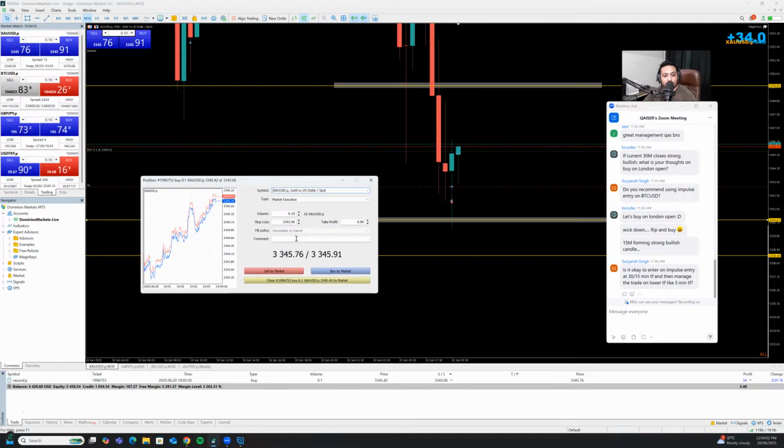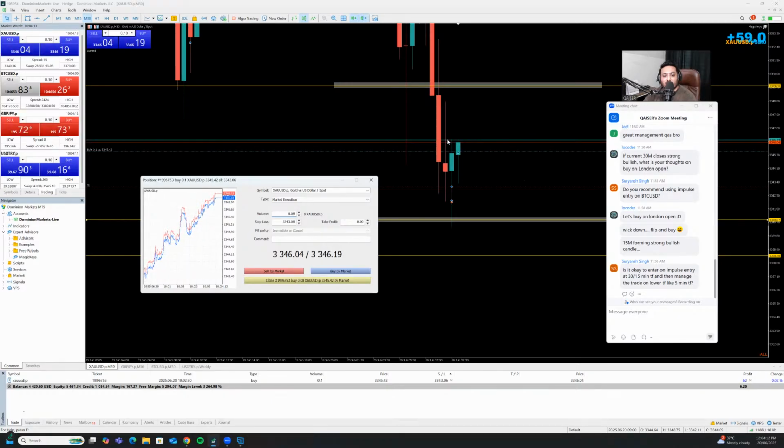Okay, pushing upside in my direction. This candle should break above the high of the previous candle and show me some volume for the continuation. All right, breaking above the high. Beautiful.